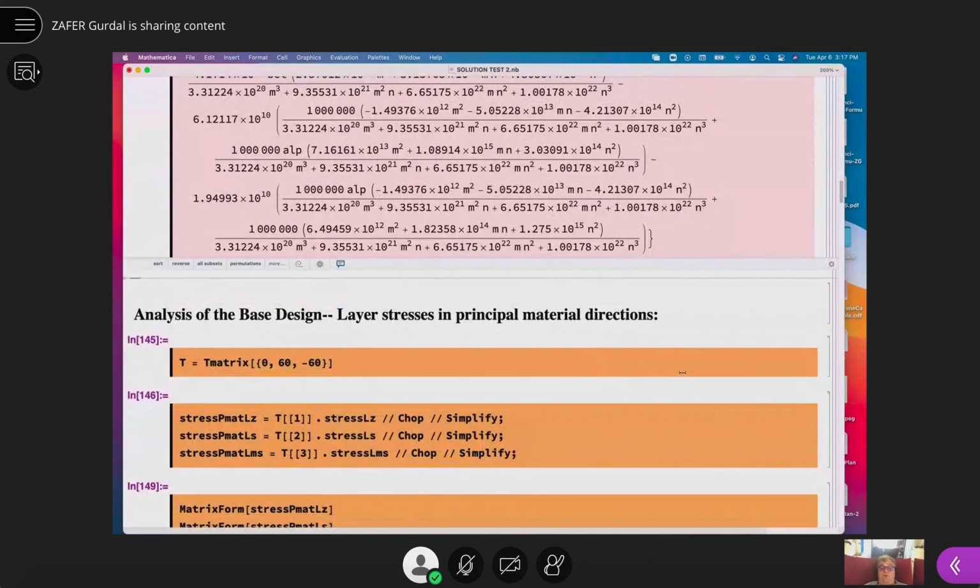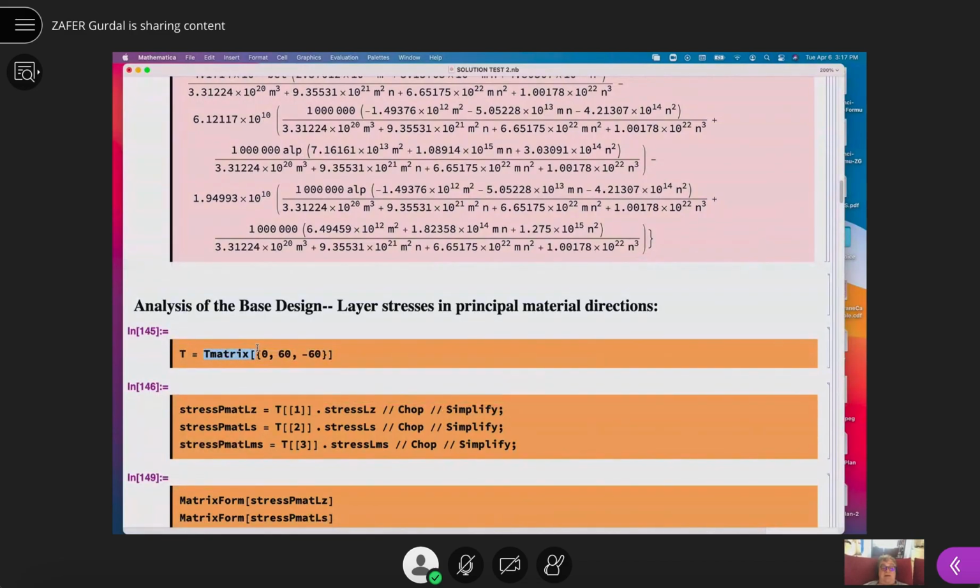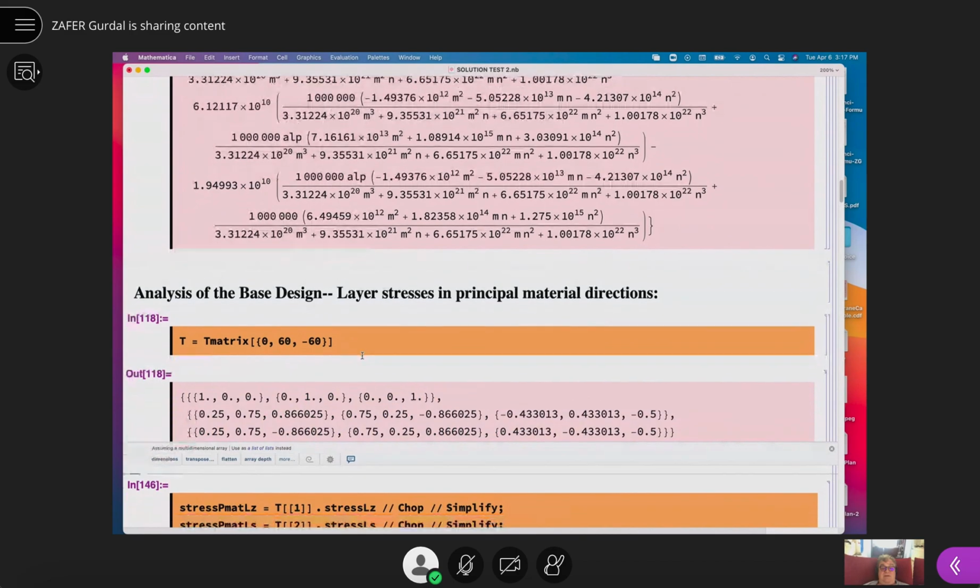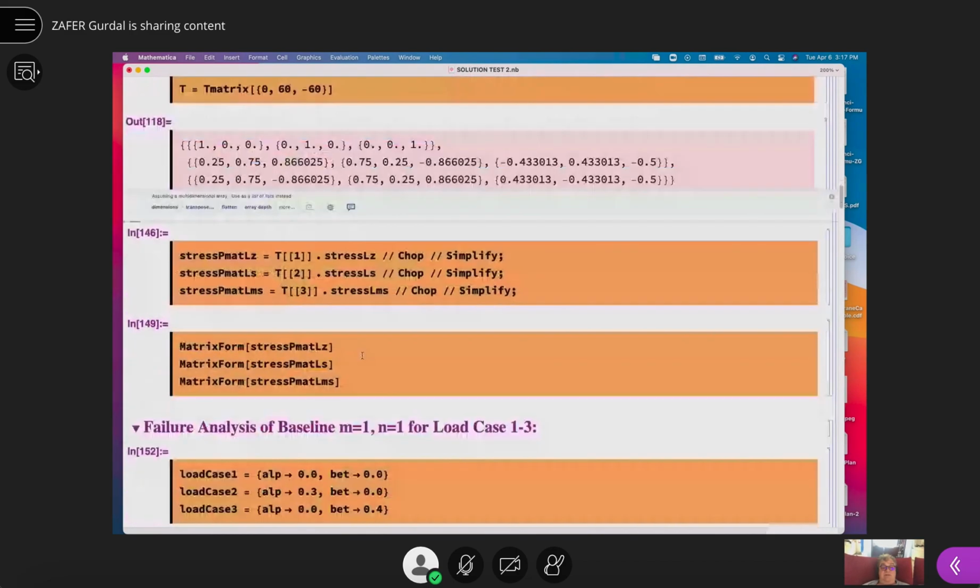Then I need to go to layer principal material direction stresses. For that, I use the transformation matrix, T matrix, again for 0, 60, and minus 60, 3 transformation matrices. Those are also constant matrices.